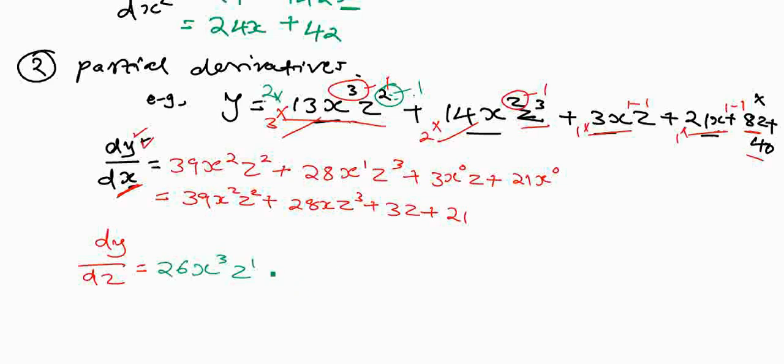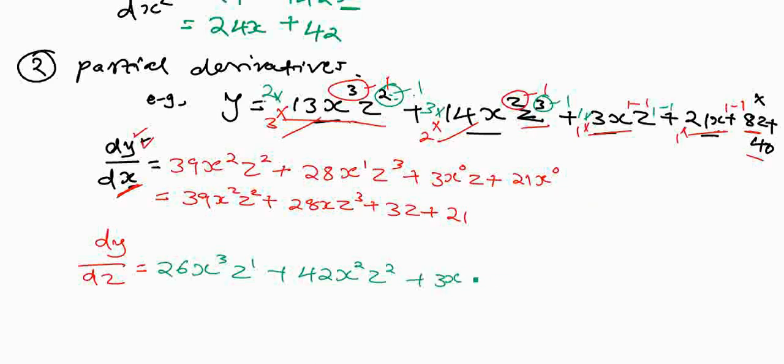Okay, next plus here for z there is 3, so 3 times 14. 3 times 14, I think that should give you 42. So plus 42 x power 2 we leave as it is. Z was power 3 minus 1, so z power 2. Okay, plus 3. This z is like power 1 minus 1, of course times 1 there, so it remains 1 times 3 is 3, so 3x power 1.